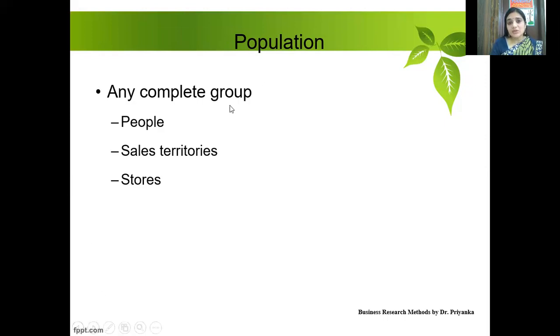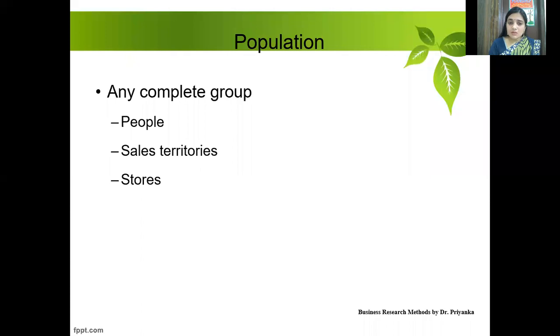Then sales territories. Sometimes you might be willing to measure some sales related data. For example, you want to measure sales of cars in Chandigarh. For that also, your target population is some people residing in Chandigarh who can actually think of buying a car.